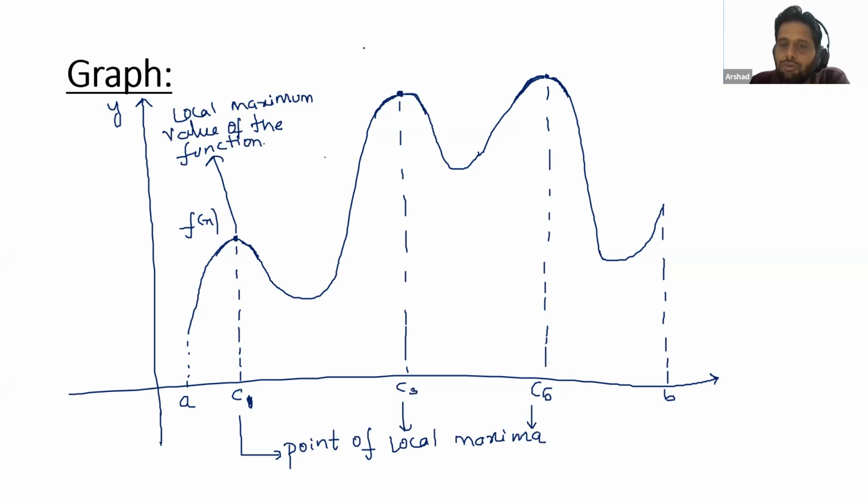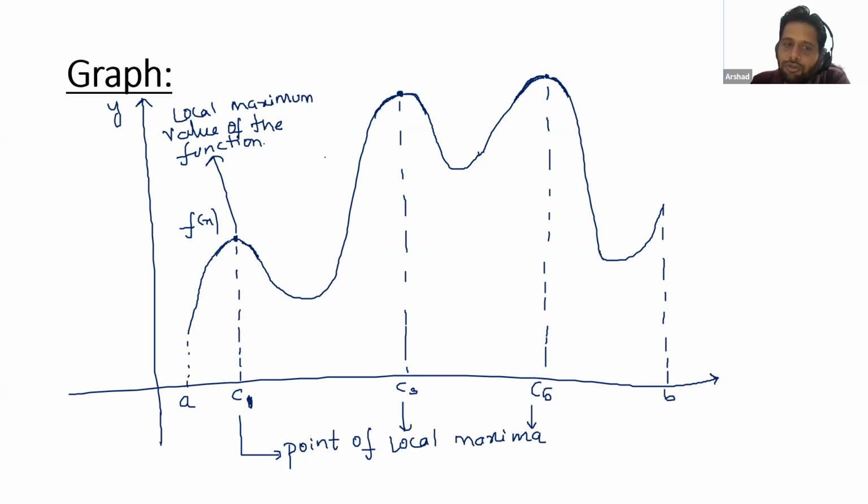Local maxima is not the greatest value of the function. Local maxima means the value is greater than the neighboring points. This doesn't mean that at this point the function has the maximum value.